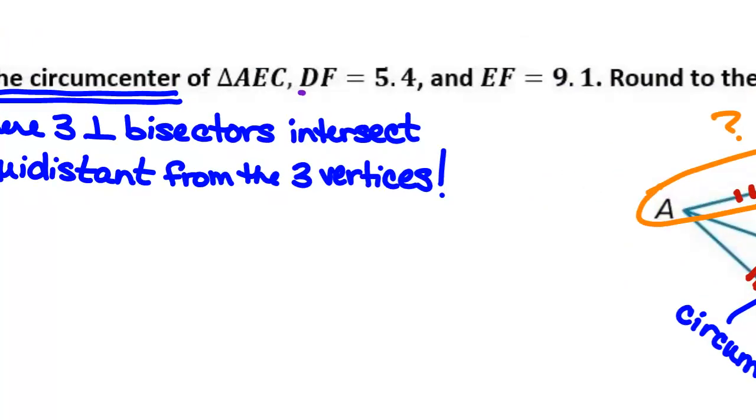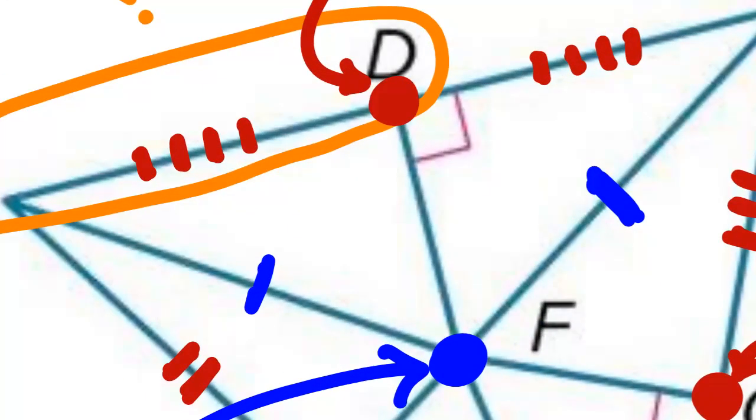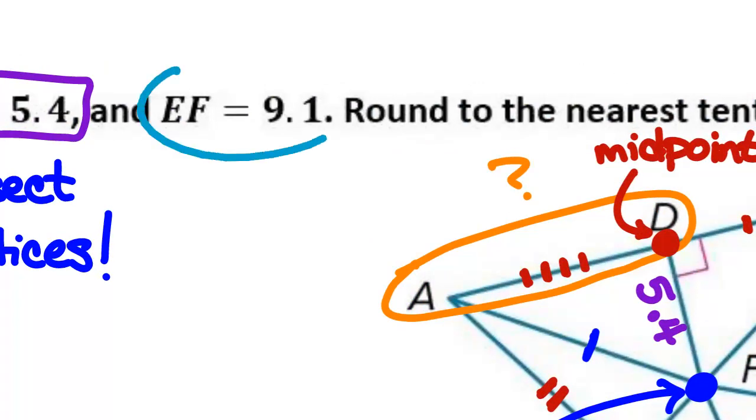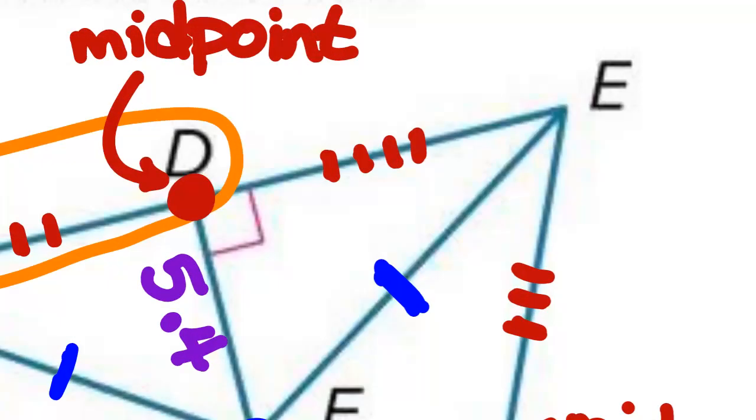It says DF is 5.4. Well, here's DF, 5.4. And it says that EF is 9.1. So there's EF, 9.1.